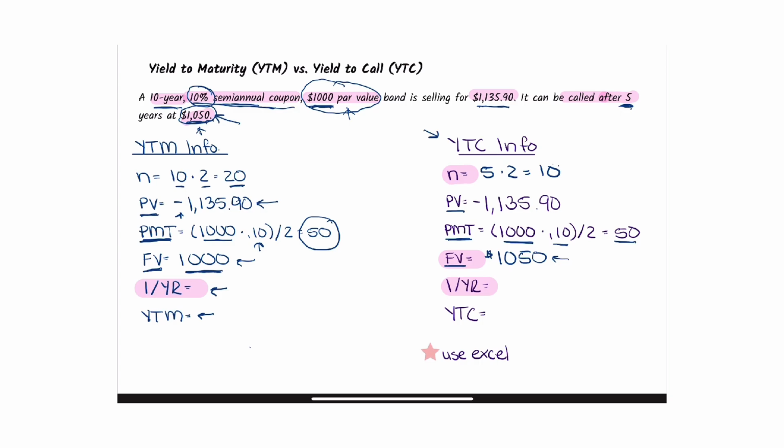Okay, so the coupon payment has stayed the same, right? The price of the bond has stayed the same. So the only thing that has changed is how long you hold the bond for, which affects the number of compounding periods. And then what you get at the end, which is the face value.